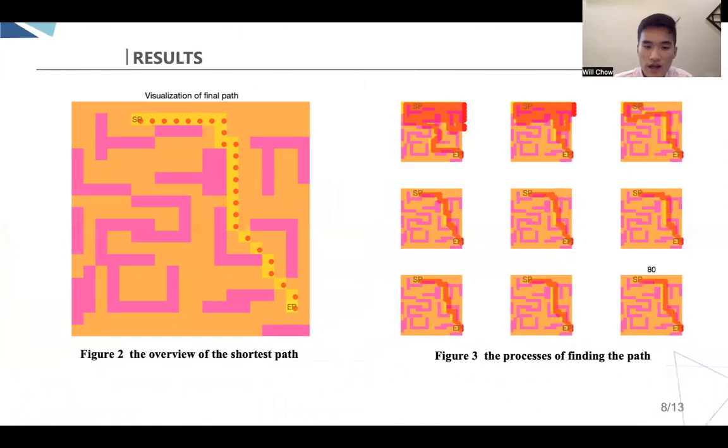Okay, from this slide, figure 2 shows the visualization result of the shortest path that the agent found under certain values of the learning rate and the discount factor. Figure 3 shows the progress for every 8 iterations of searching the path. The total number of iterations is set as 80.